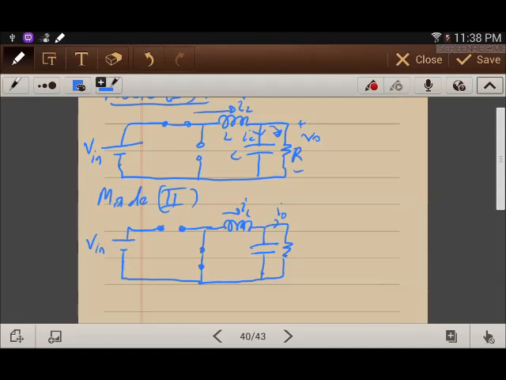So now I will draw some waveforms that describe the behavior of the system during these two modes. Let's say that the inductor current starts from a minimum value after steady state is achieved, up to a maximum value.